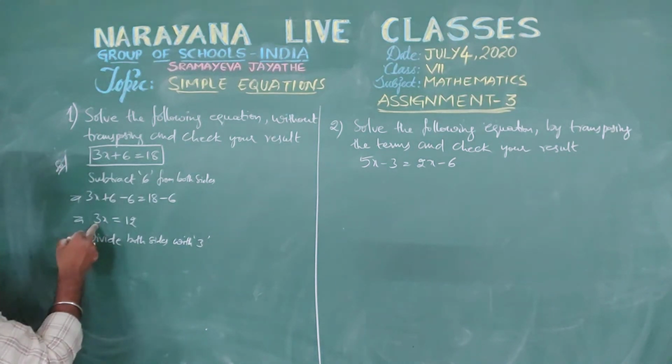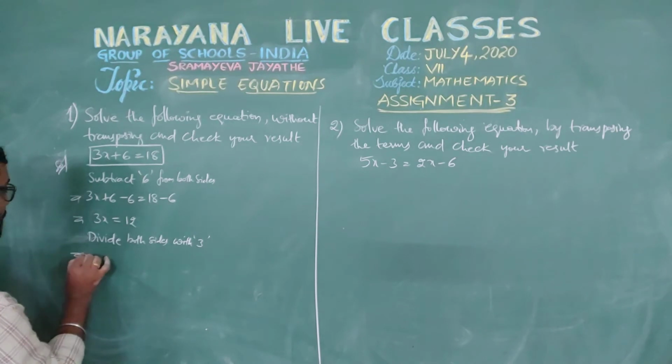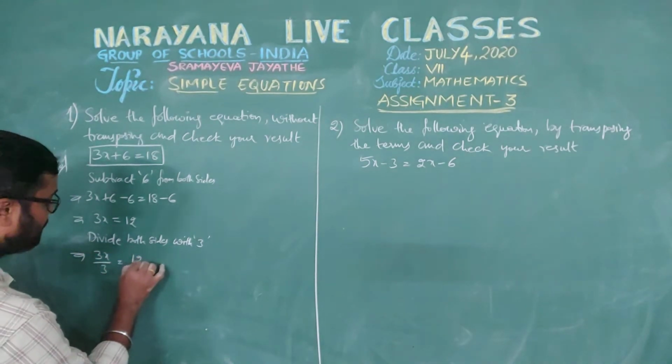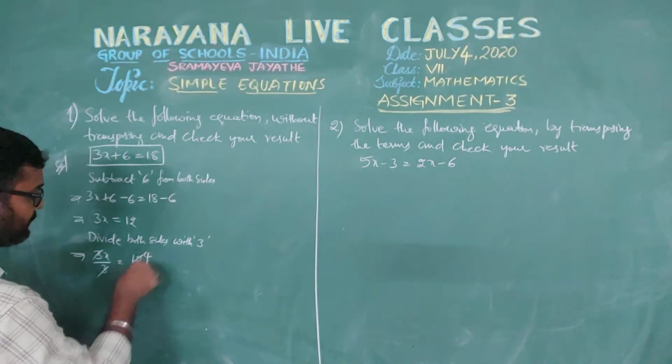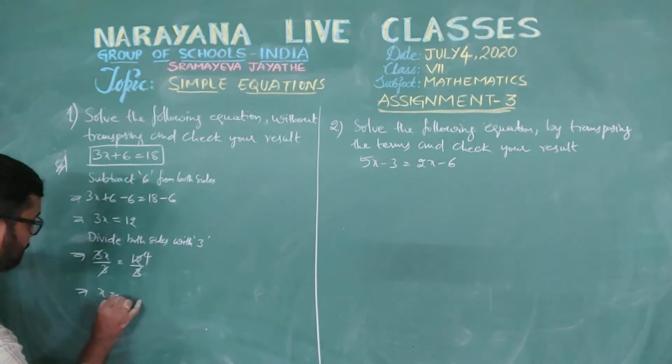If you divide this 3x by 3, then we can remove this 3. So now 3x by 3, 12 by 3. The 3 gets cancelled, 3 ones are 3, 3 fours are 12. Now x is equal to 4.